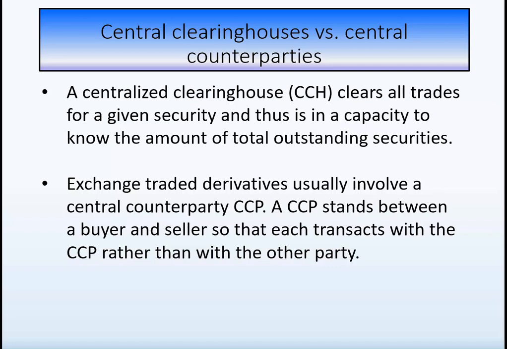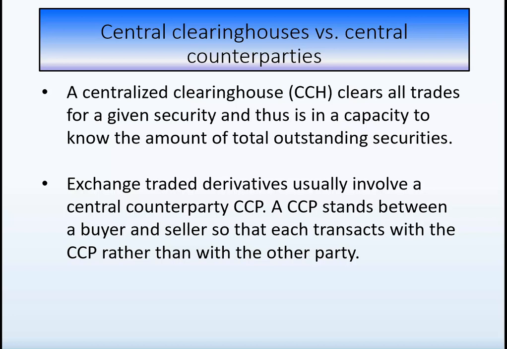It stands in between the buyer and seller so that each party transacts with the centralized clearing party rather than with each other. Therefore, if a buyer or a seller fails to fulfill their end of the swap, the central counterparty fulfills the transaction. The central counterparty basically collects a fee from every single transaction that takes place, and that's how it gets funded.